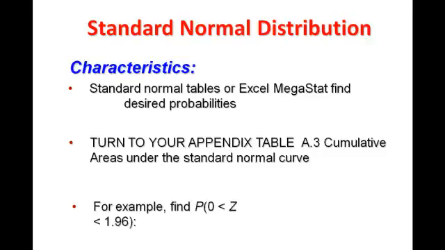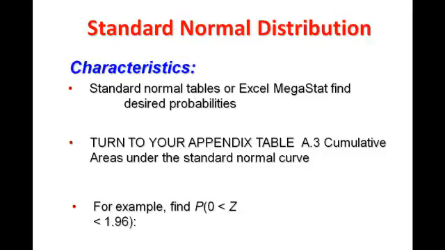Now, to learn how to use this, as an example, I want to find the probability that z is less than 1.96.